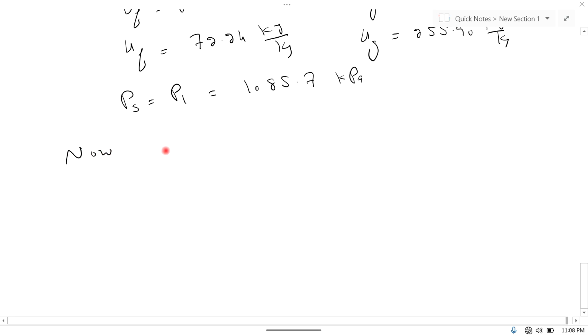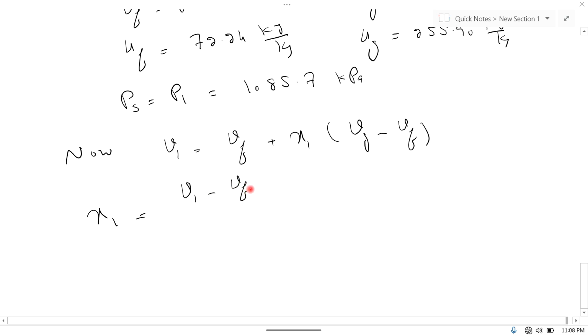Now we are finding x1. As we know that V1 is equal to Vf plus x1 into Vg minus Vf, rearrange this equation and find x1. So x1 is equal to V1 minus Vf divided by Vg minus Vf.